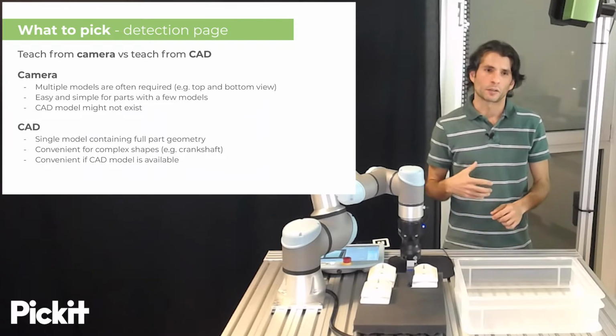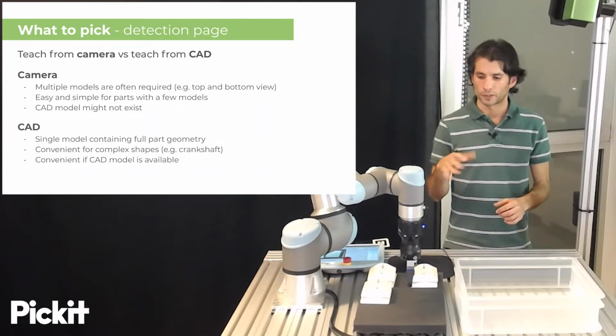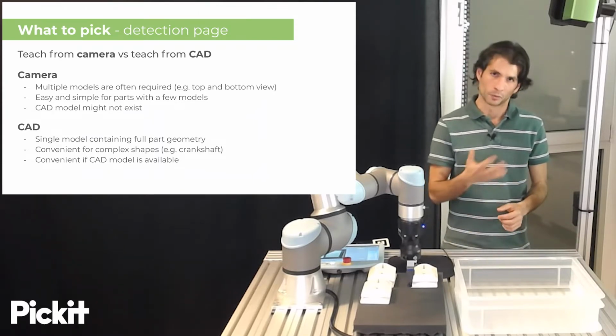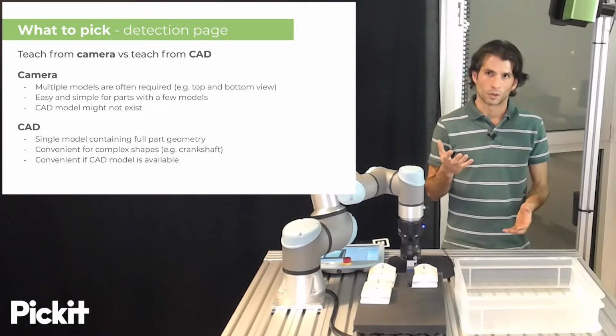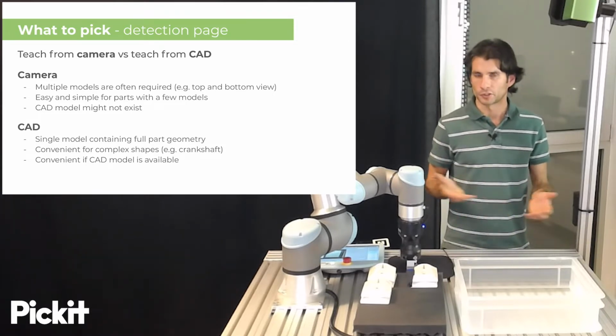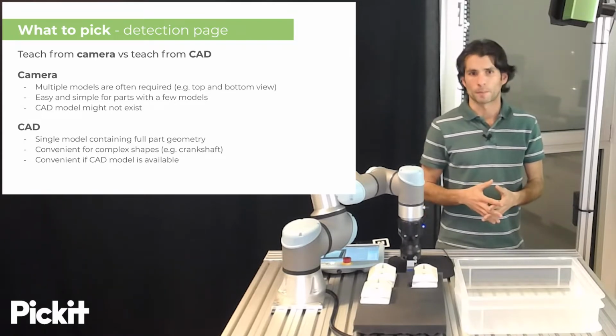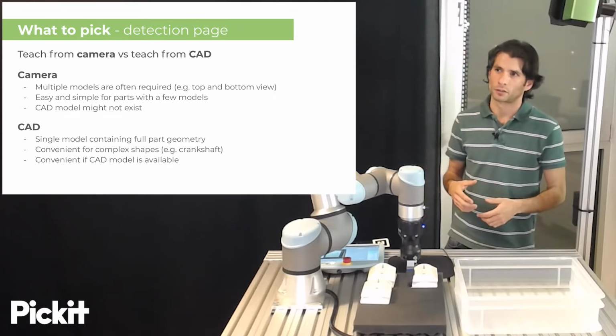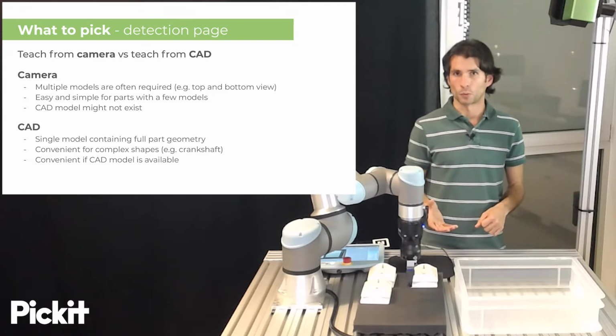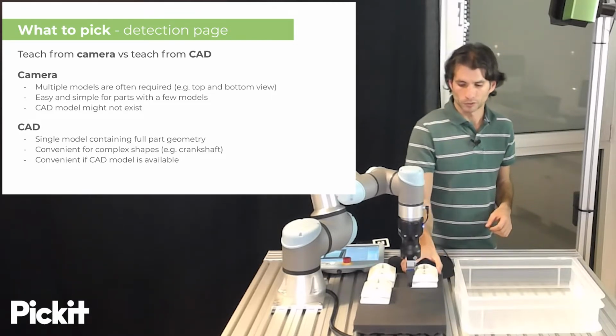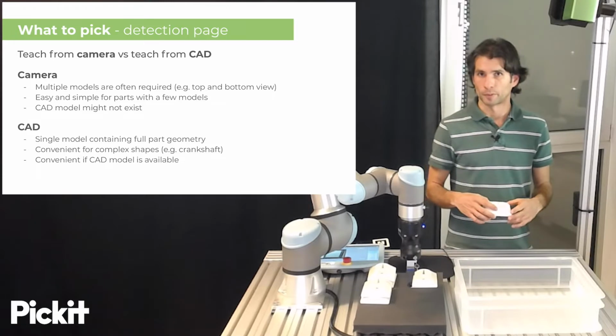So we're saying that we can teach either by showing the part to the camera or by uploading a CAD file. What are the benefits of each strategy? On the one hand, when we teach from camera, we have to take into account that often multiple models will be required. By multiple models, I'm referring to multiple viewpoints of the part.